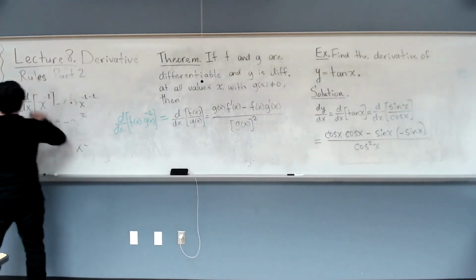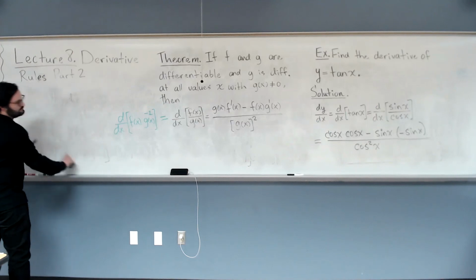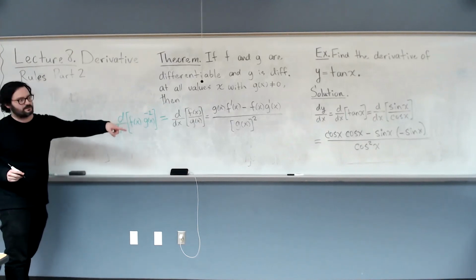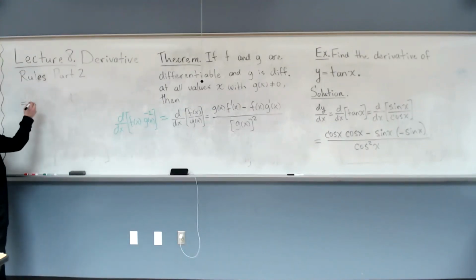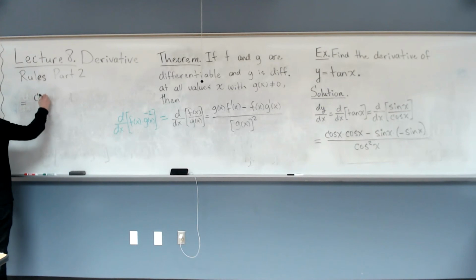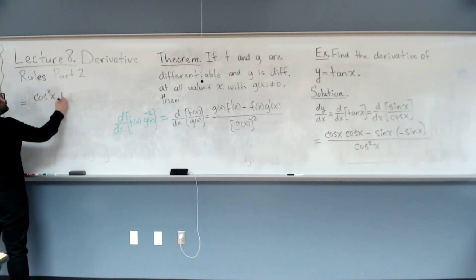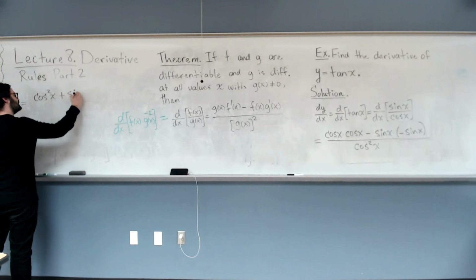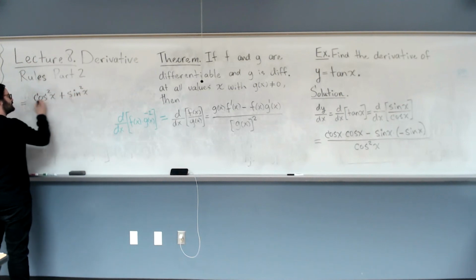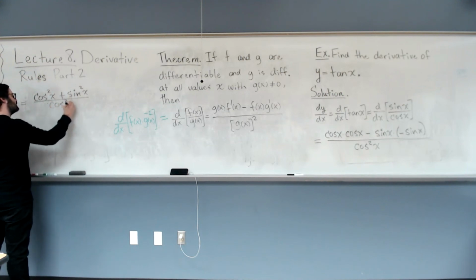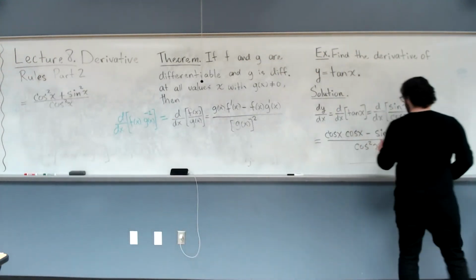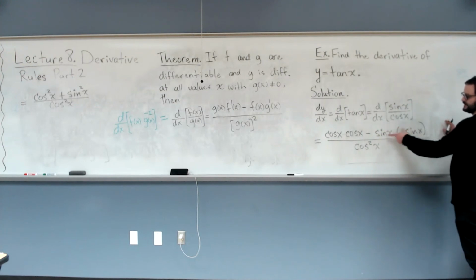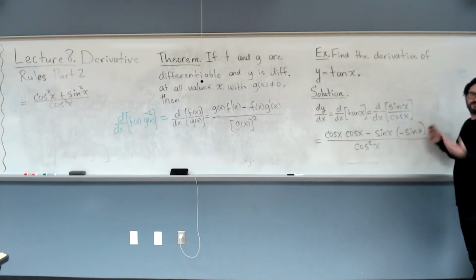If I multiply those cosines and sines together, and the minus times the minus becomes a positive, I get cosine squared x plus sine squared x all over cosine squared x. Cosine times cosine is cosine squared, minus and minus sine squared is plus sine squared.